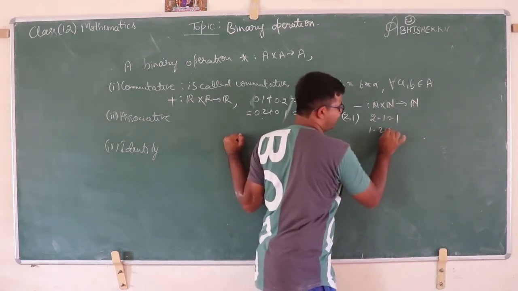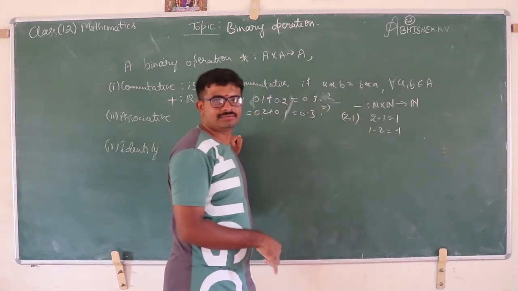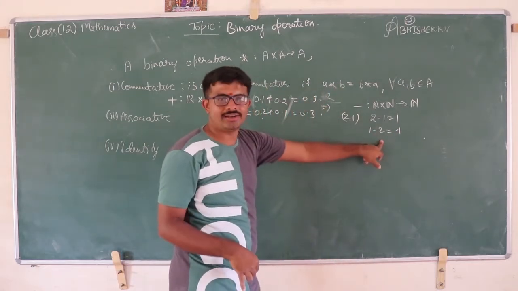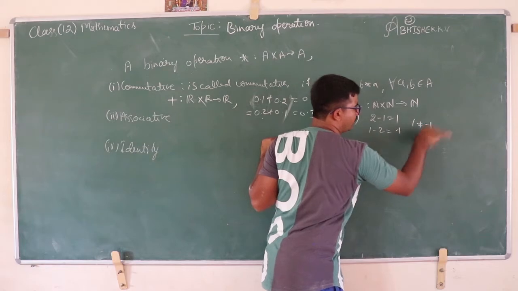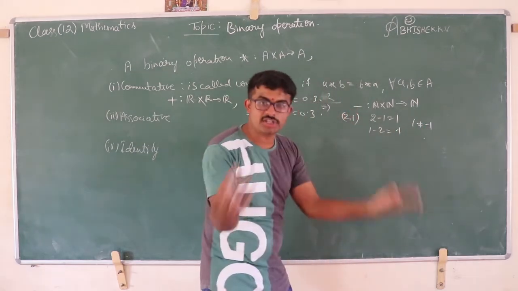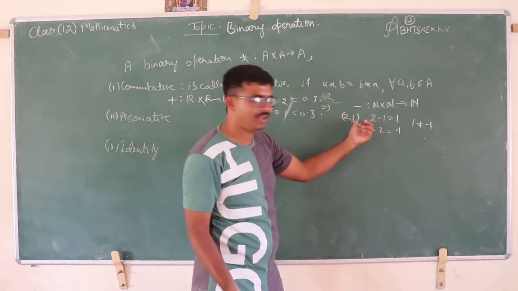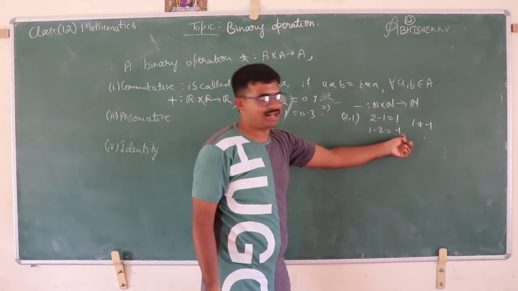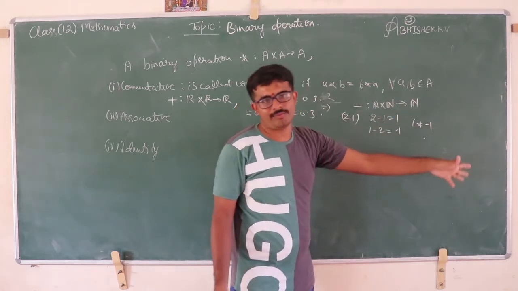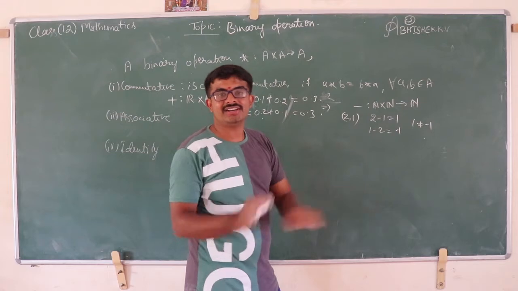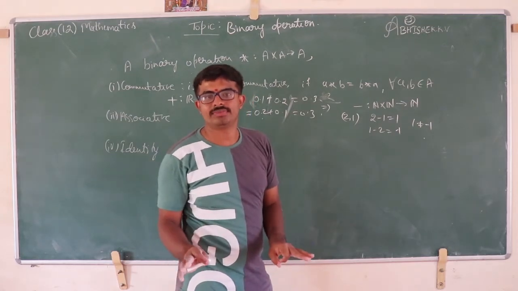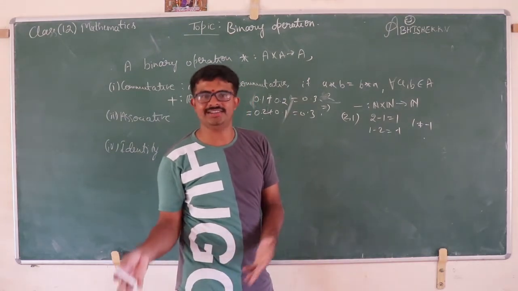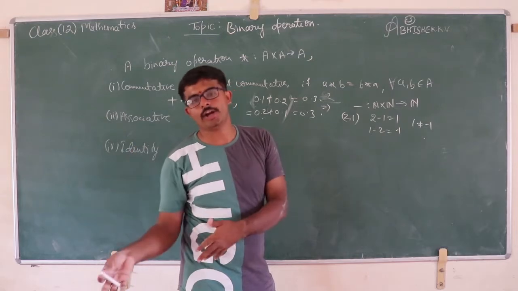What is 1 minus 2? Minus 1. See, 1 is not equal to minus 1. Especially, minus 1 does not belong to the natural numbers. Right? Here 1 is not equal to minus 1. Therefore, subtraction is not commutative. Subtraction is not a binary operation, right? Therefore, subtraction is also not commutative on the set of natural numbers.